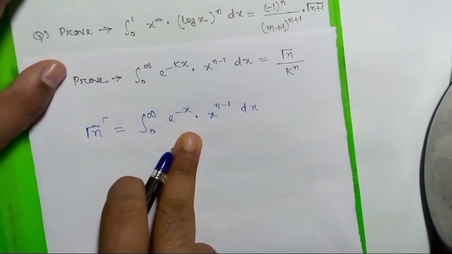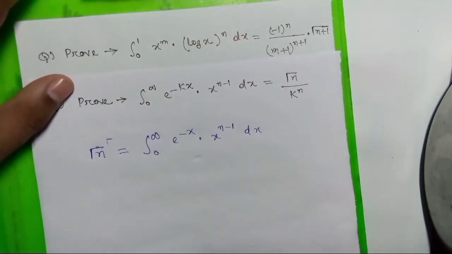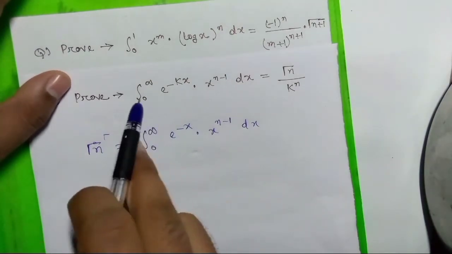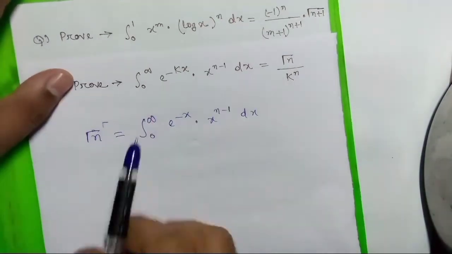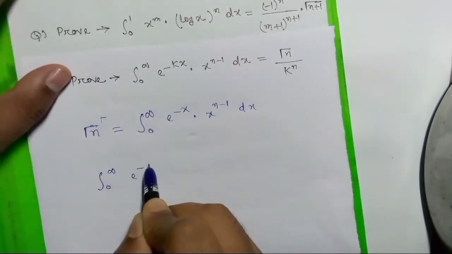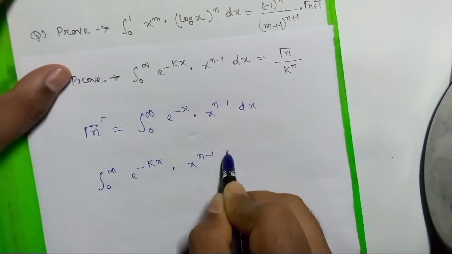Now here we can see the question is integration over 0 to infinity e to the power minus kx x to the power n minus 1 dx.